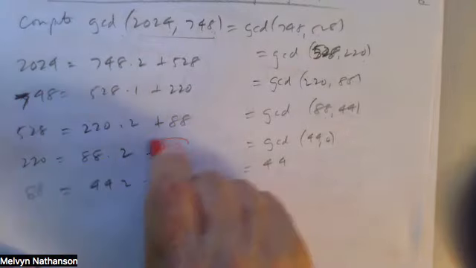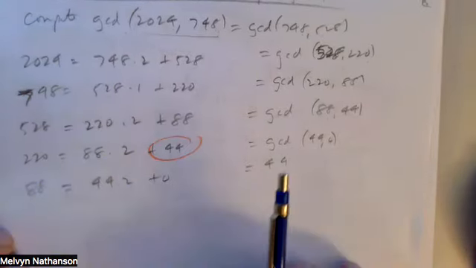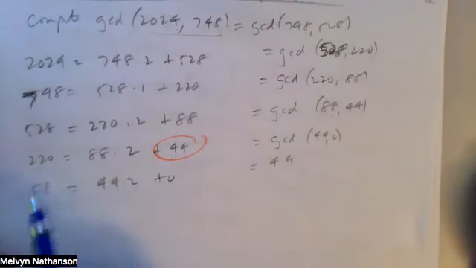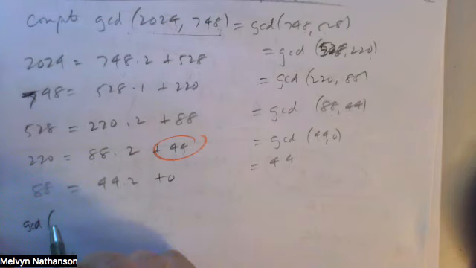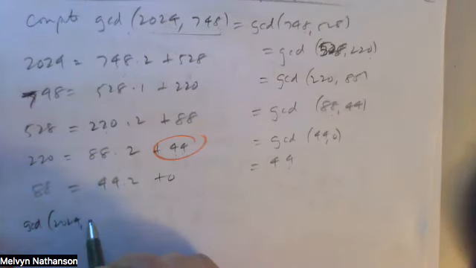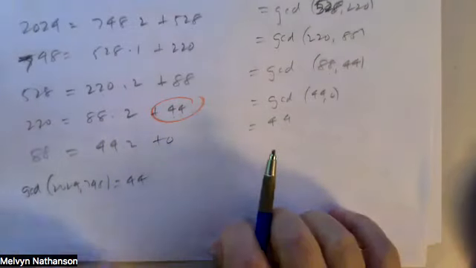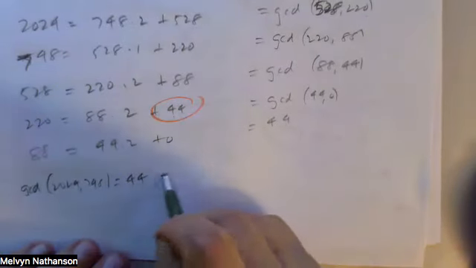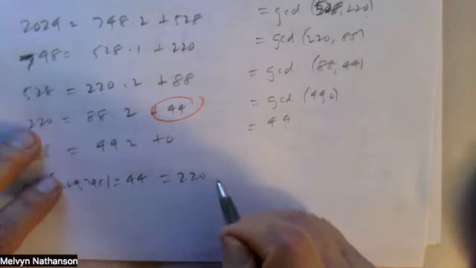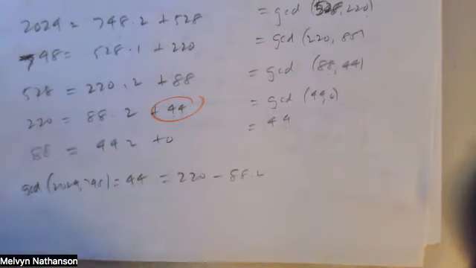Now, let's work backwards from 44. 44 is 220 minus 88 times 2.